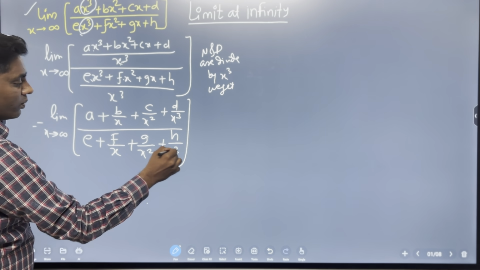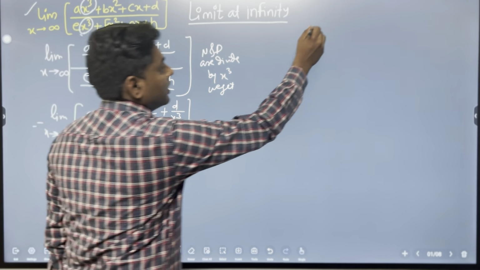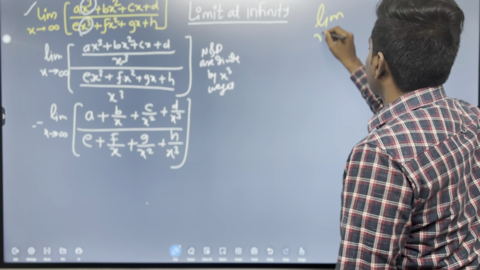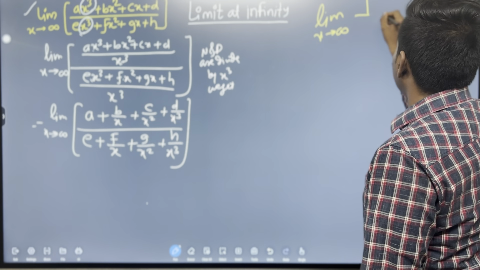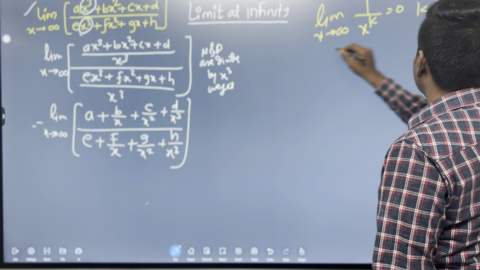As we know the formula of limits, limit x tends to infinity 1 upon x raised to k equals 0, where k is greater than 0.